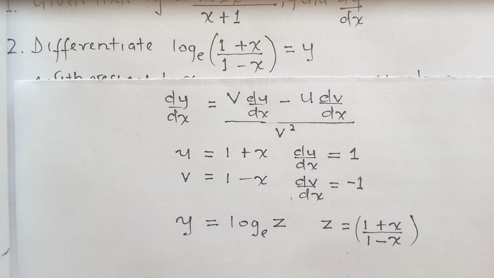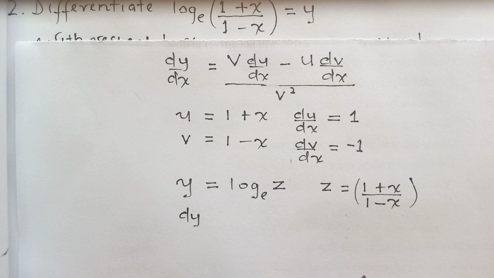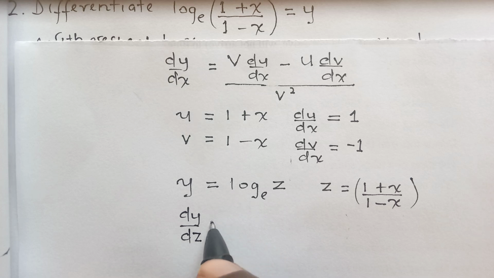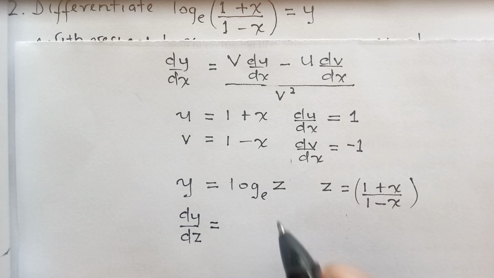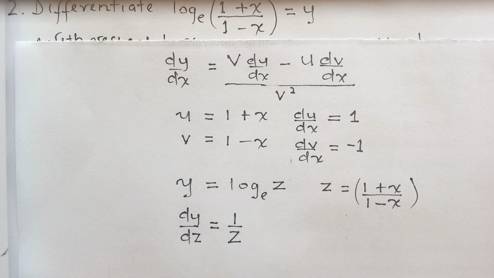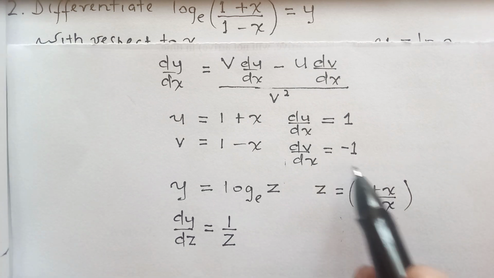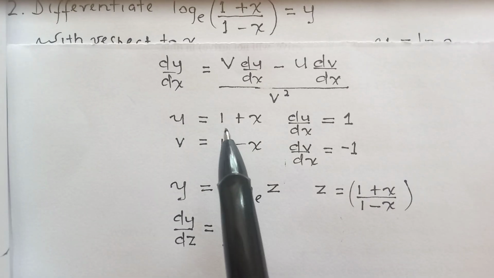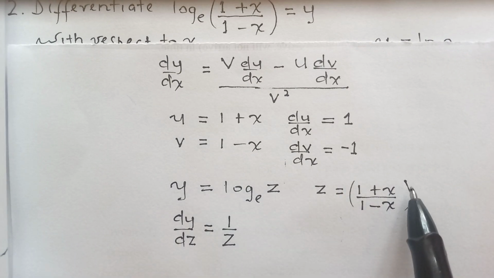So that now, using the chain rule, we can say dy, let's continue like that, dz, this one is going to give us 1 over z. And then let's now come to our question here, where now we have this.